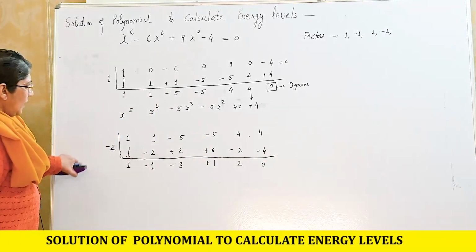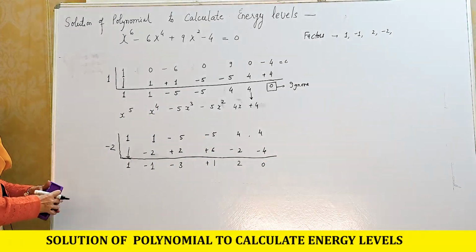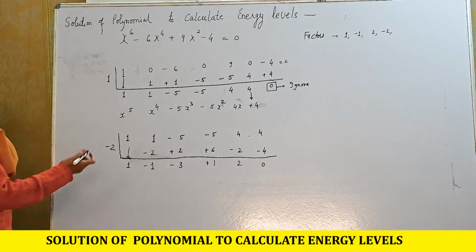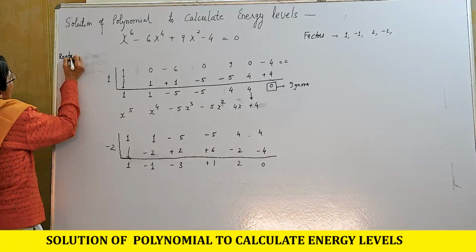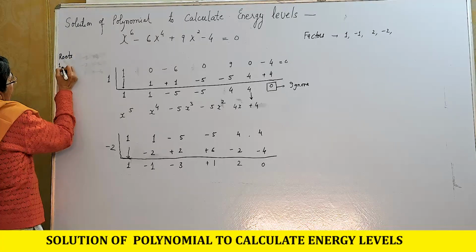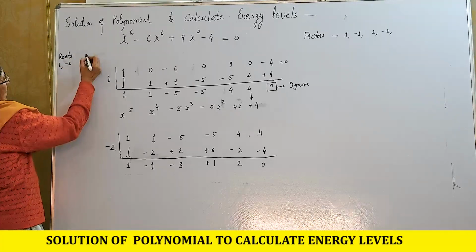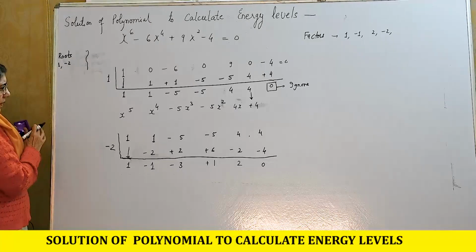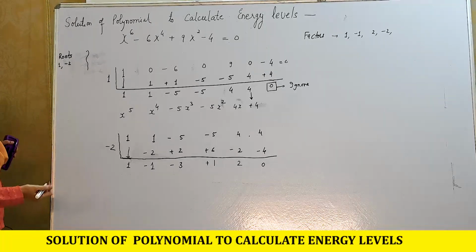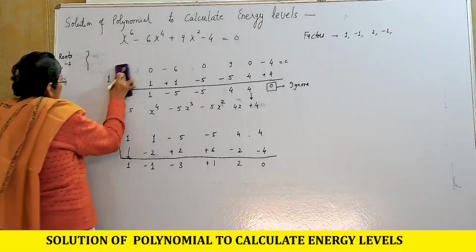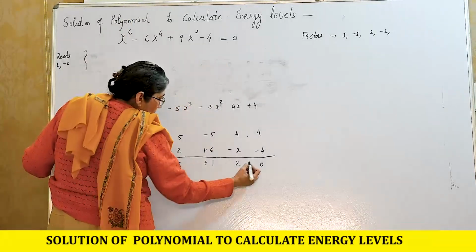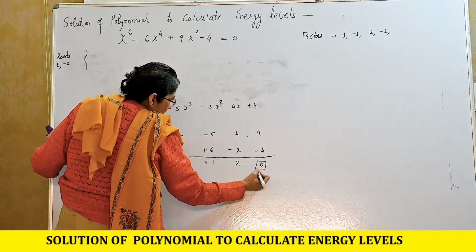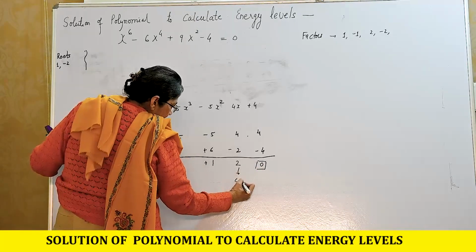Then again this -2 is also a root of the polynomial. So we are writing here the roots: 1 and -2. These are the roots. Now again we get a new polynomial. Ignore this 0, this is the constant.